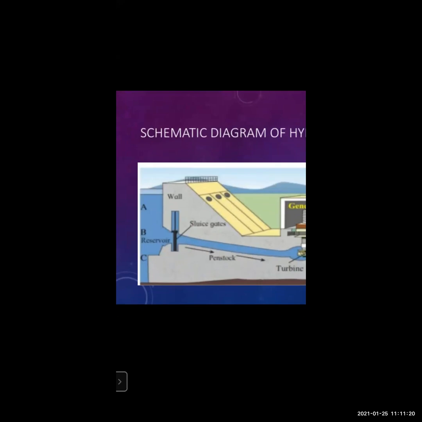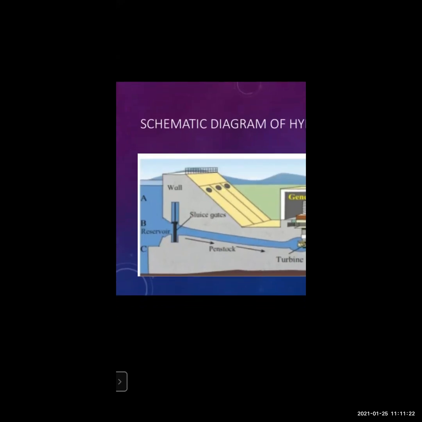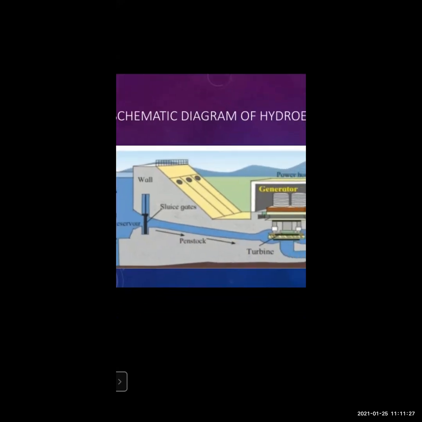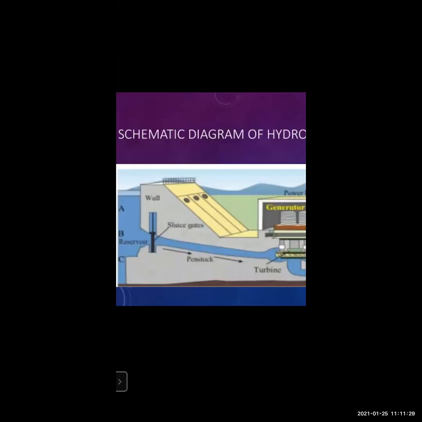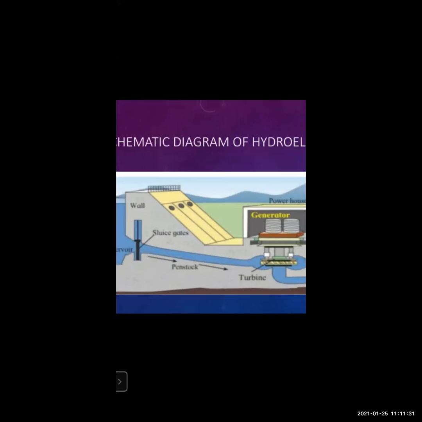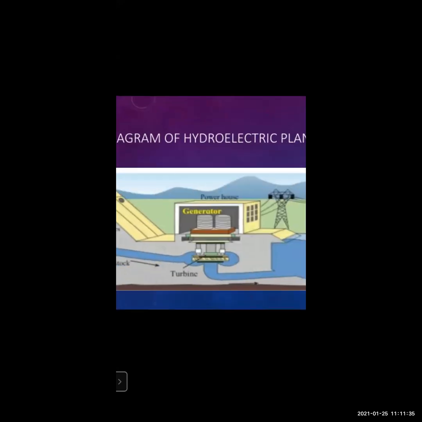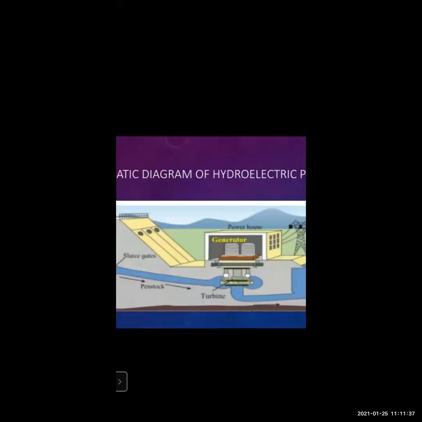By looking at this hydroelectric plant, we see a sluice gate. Look here, there is a sluice gate, a reservoir, a wall, a penstock, and here there is a turbine and a generator.